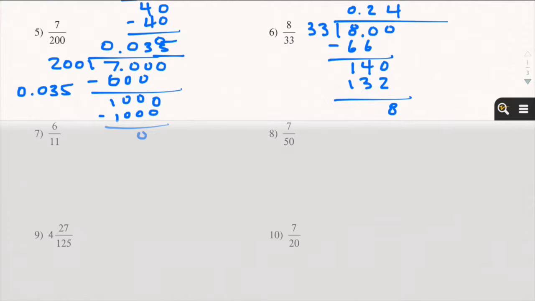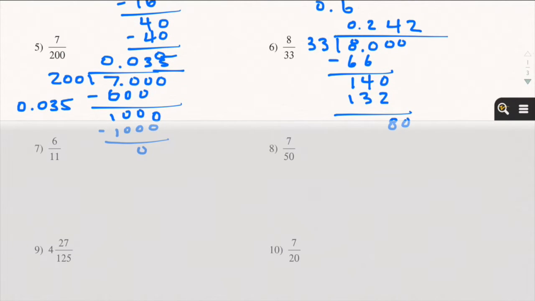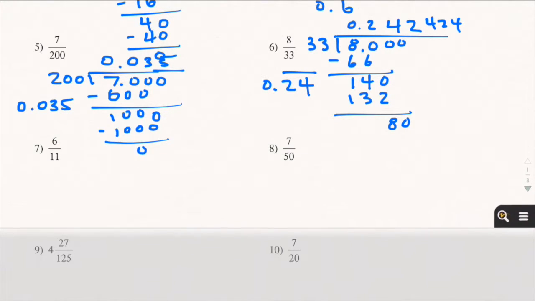Subtract those. Here we get an 8. Bring down another 0. We get 80. 33 goes into 80 2 times. And what you're going to notice is that it's actually going to start repeating. 0.24, 24, 24, 24. So what we do is we write this as 0.24 repeated.